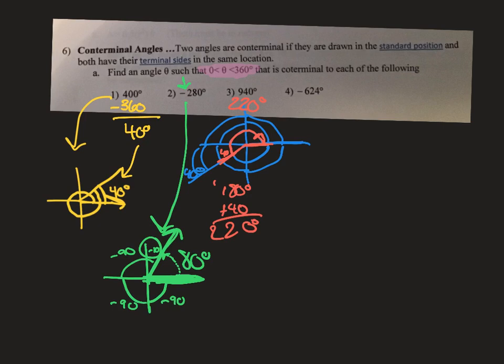And then the last one we'll do in white. So number 4 says coterminal. So negative 630. So start here and go down because it says negative.